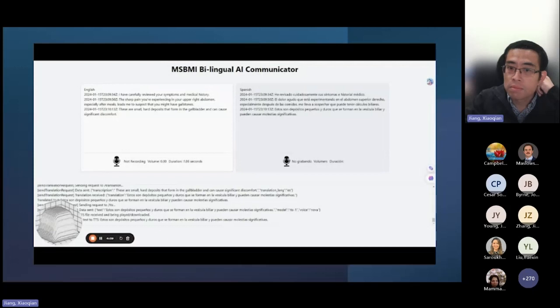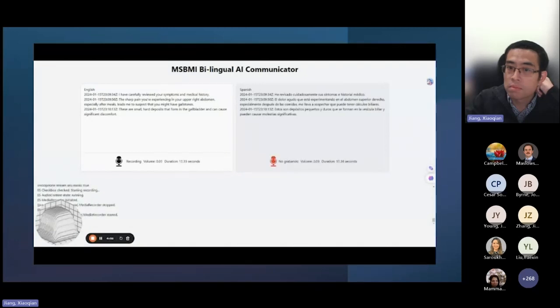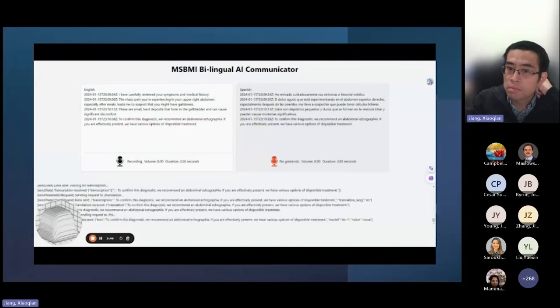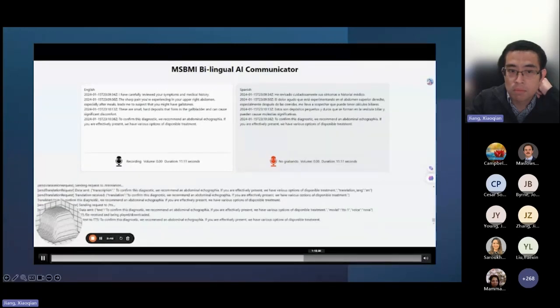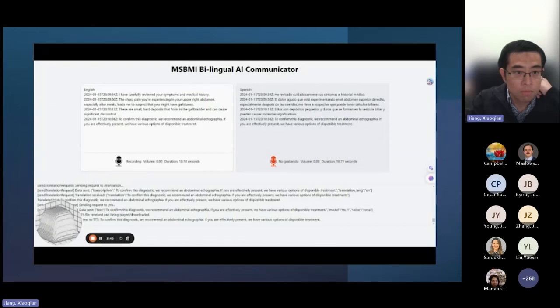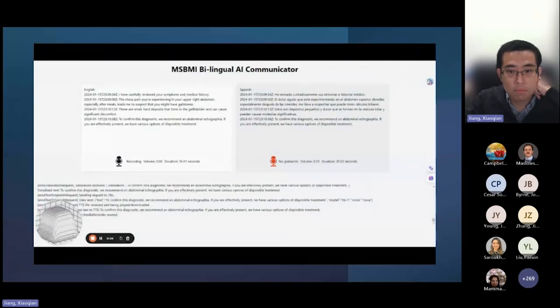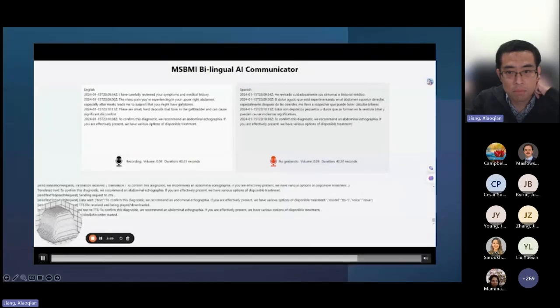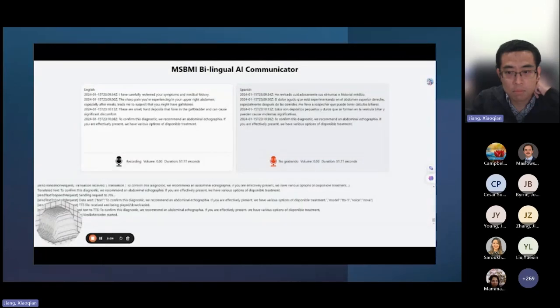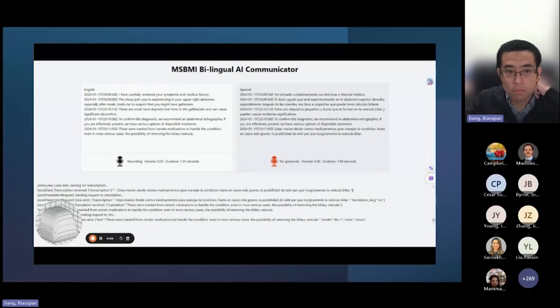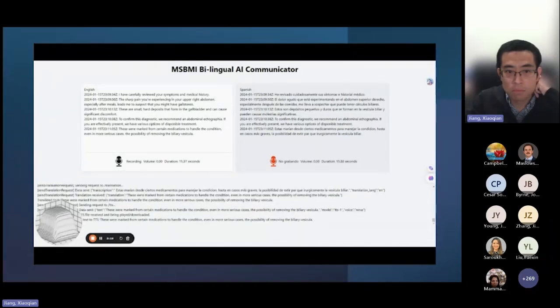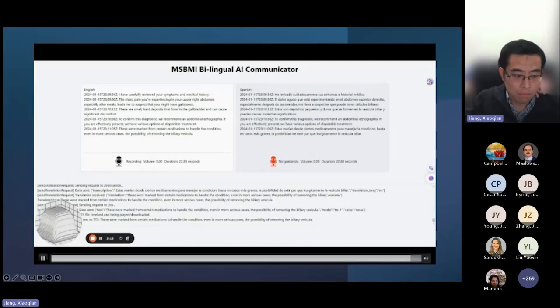To confirm this diagnosis, we recommend an abdominal ultrasound. If gallstones are indeed present, we have various treatment options available. These range from certain medications to manage the condition to, in more serious cases, the possibility of surgically removing the gallbladder.